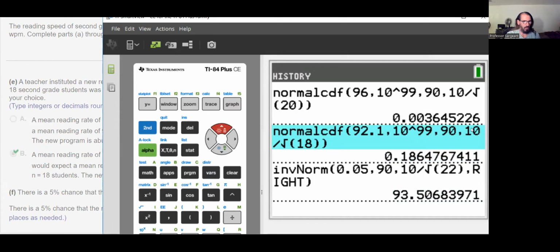In the case of the sampling distribution of X bar, that would be sigma over square root of n, in that order. Lower bound, upper bound, mean, and then the standard deviation, considering whether you're dealing with a population or the sampling distribution of X bar. That's the order that goes in.